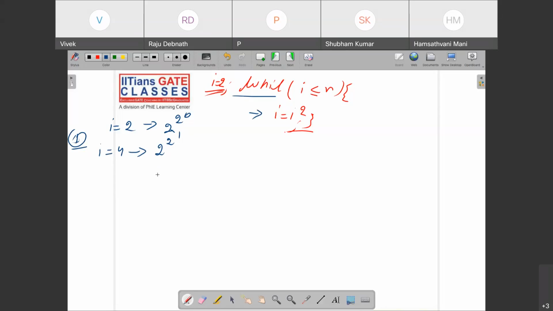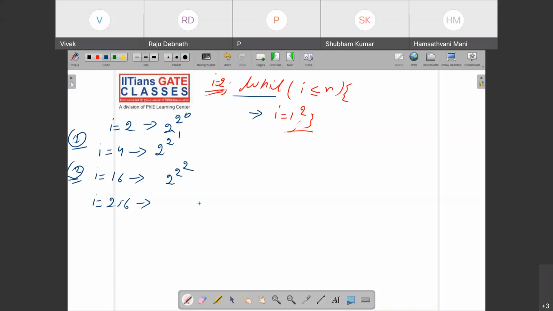Yes, sir. Then it will become 16. 4 square is 16, right? So it will become 2 to the power 2 to the power 2 as step 2. Then it will become 256, right? 16 square is 256.